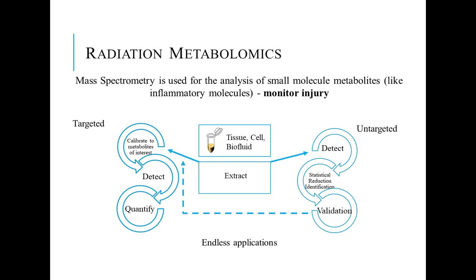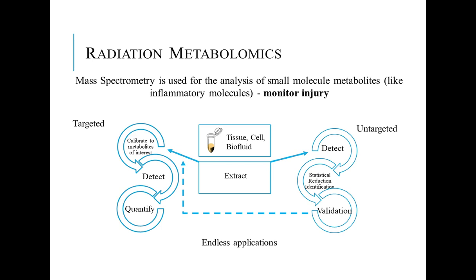And then we do what's called statistical reduction and identification. So we identify all of these peaks into actual compounds. We identify them as things like serotonin or tryptophan, et cetera. And then we have to do a validation step as well. We check it against a standard.